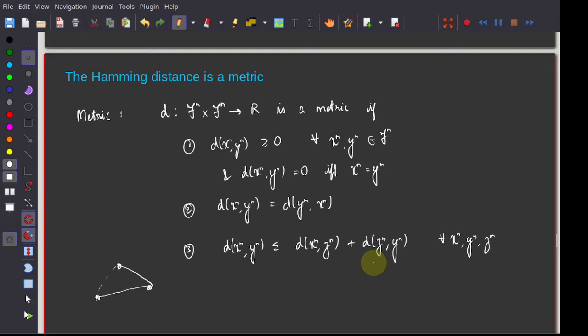Okay, but now the third part is slightly more interesting. So does it satisfy the triangle inequality? Okay, why do you say that? I want a general proof.